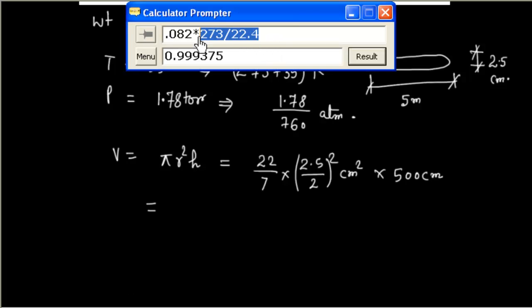22 by 7, or let us first multiply 22 into 2.5 a whole square, that is 6.25, multiplied by 500, and this divided by 7 into 4, 2 square becomes 4.